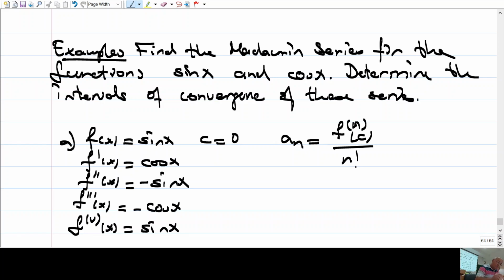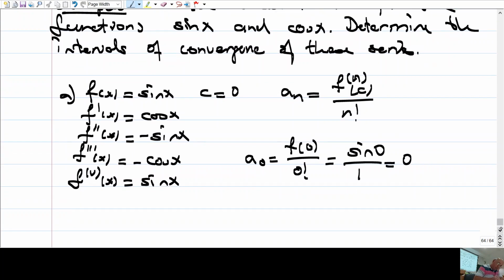We have to be careful. So a0 is 0th derivative, so it is just f of 0 divided by 0 factorial. F of 0 is just 0 because it is sine 0 divided by 1, which is 0. A1 is f prime 0 divided by 1 factorial. It is cosine 0 divided by 1, which is just 1.